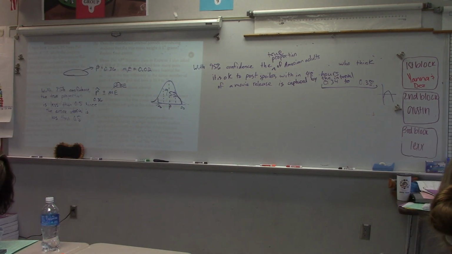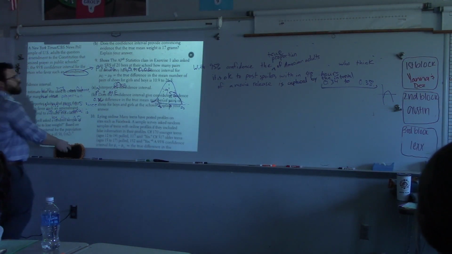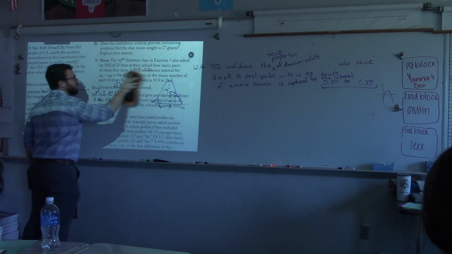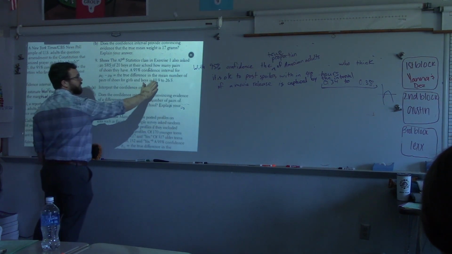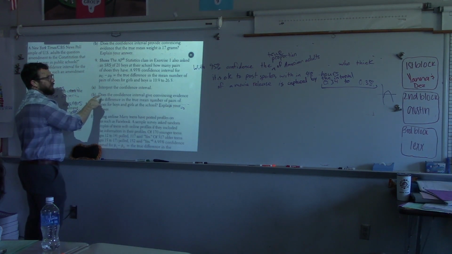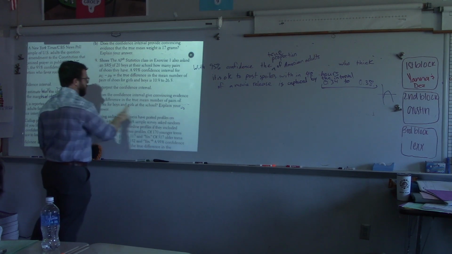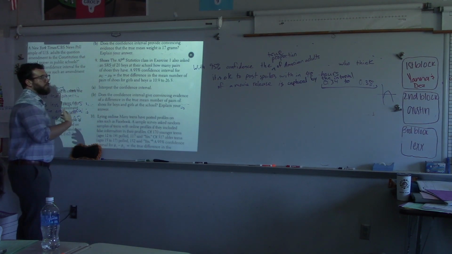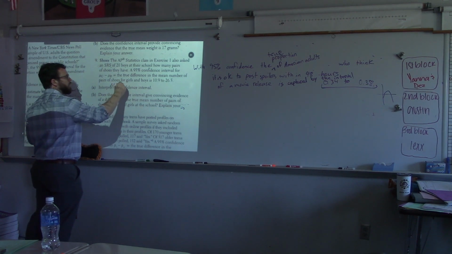So the question with 9B is whether the true difference in the mean number of pairs of shoes is captured by this interval with 95% confidence. Does the confidence interval give convincing evidence of a difference in the true mean number of pairs of shoes for boys and girls? If there was no difference, what would we expect this to be?